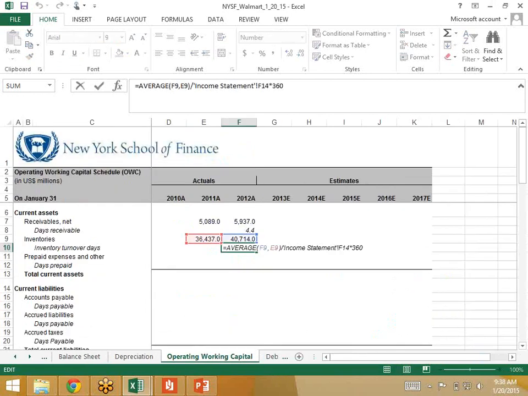It's this year's inventory, comma, last year's inventory, divided by COGS times 360.